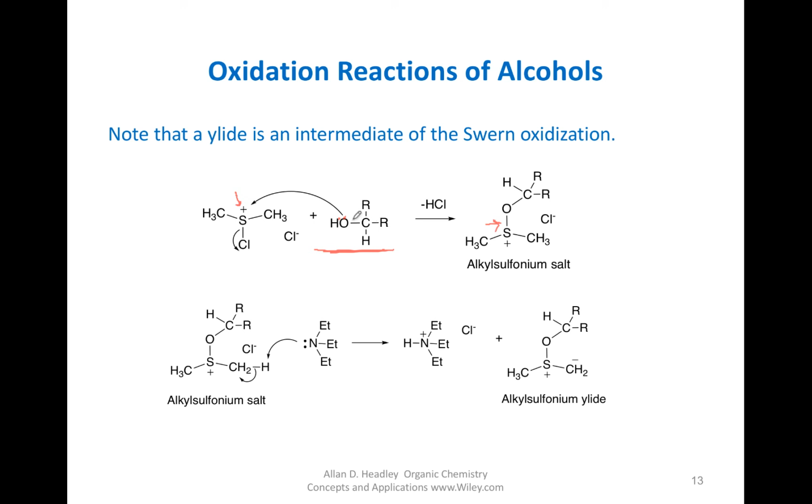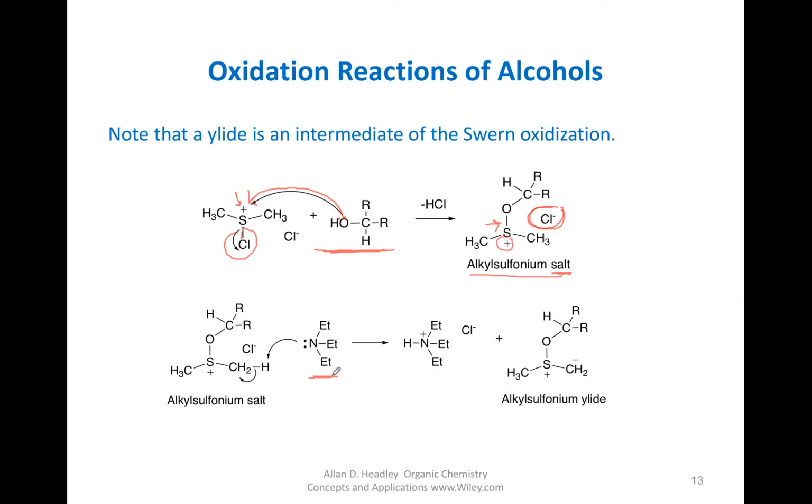Notice again the electron movement. These electrons move over to bond, and this chlorine here leaves as shown here. So this is an alkyl sulfonium salt, a salt again because we have an anion and a cation.